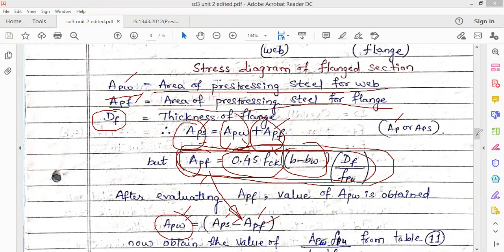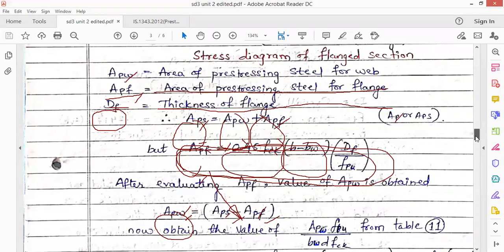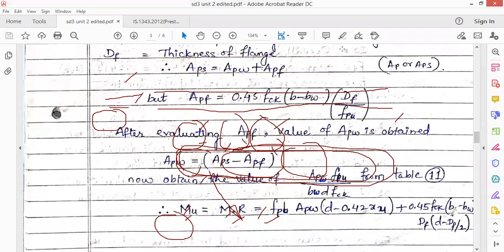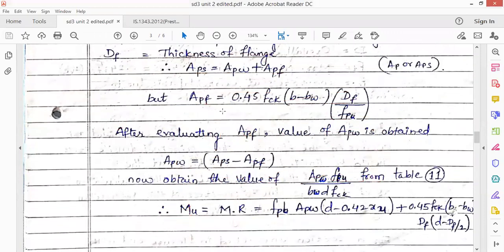Again, as in the earlier case, we have the parameter, and we need to calculate that parameter value and search for it in Table number 11 of IS 1343 2012. So we are going to do the same thing after this calculation.